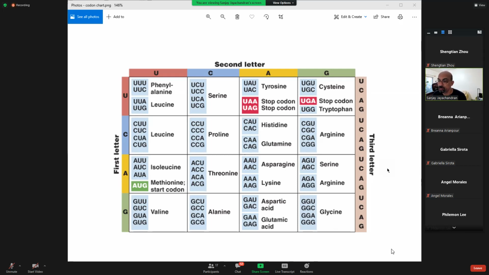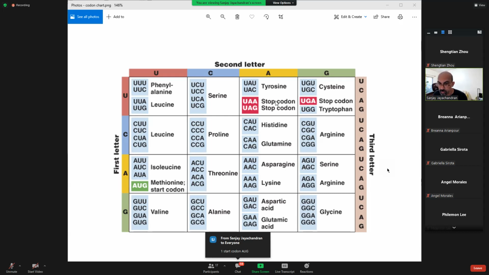How many total codons are there? 64. Good, excellent. Of those 64, one of them is AUG. That's called the start codon, which means all RNAs begin with AUG. So one start codon, AUG.